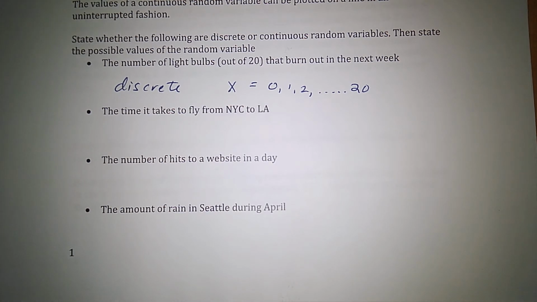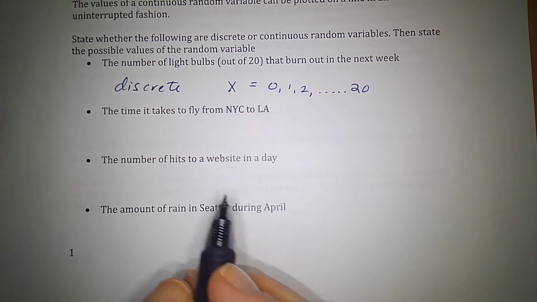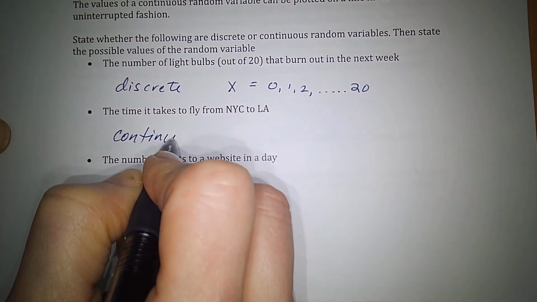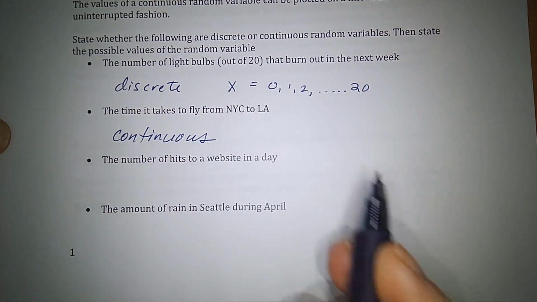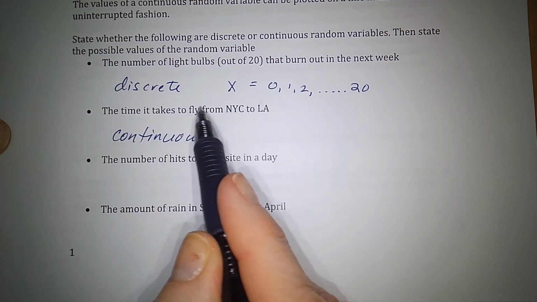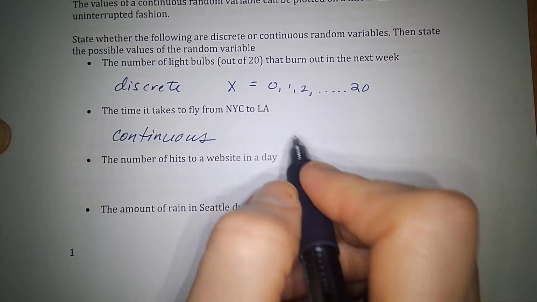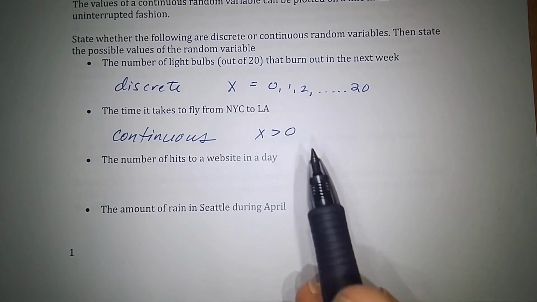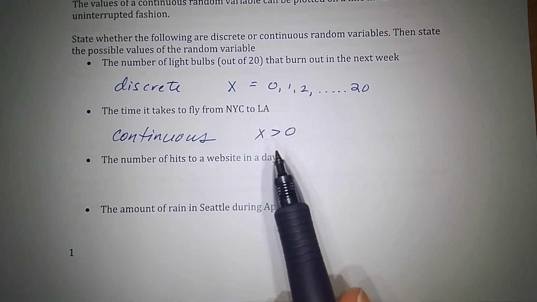How about the time that it takes to fly from New York City to LA? This is a continuous variable because you could have any interval of time in between a certain number of hours. X can be any number as long as it's greater than 0, because it does take some time to fly between those two cities.